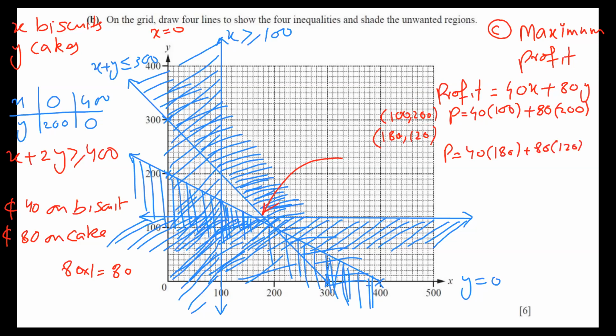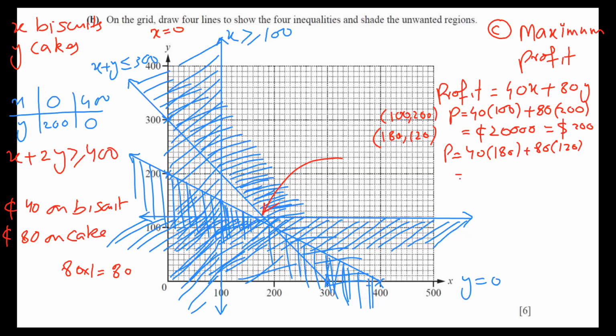So let's see which profit is the most. Okay, let me calculate for you. First is 40 times 100, that is 4000, plus 80 times 200, that is 16000. So my first answer is coming here, cents, 2 and 4 zeros. And dividing by 100, we get $200. Okay.